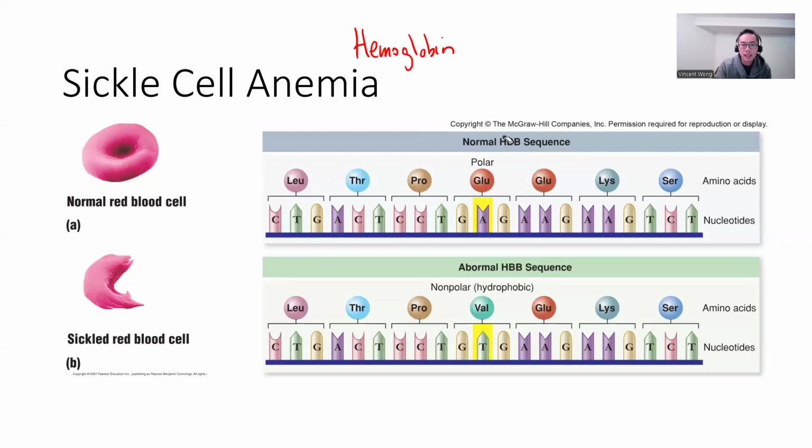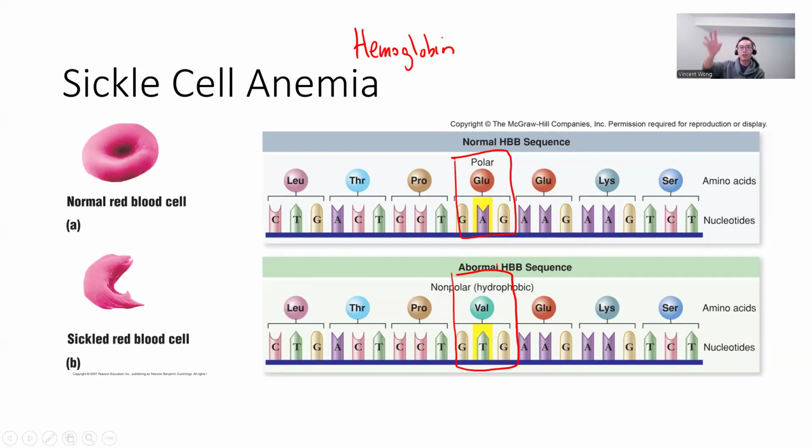In the normal hemoglobin sequence, this amino acid is supposed to be glutamic acid, which is a polar amino acid, and the GAG codon that codes for it is going to get mutated into GTG, right? So if you do the transcription, it's going to become GUG, which codes for valine. And valine is nonpolar. So in this case, you are switching from a polar to a nonpolar amino acid.